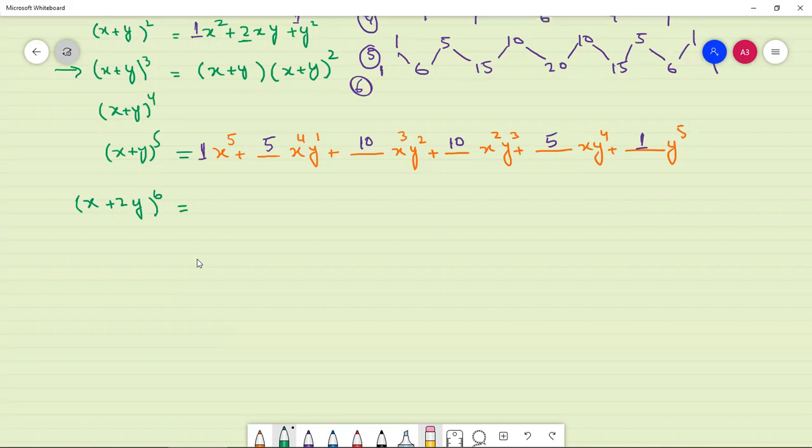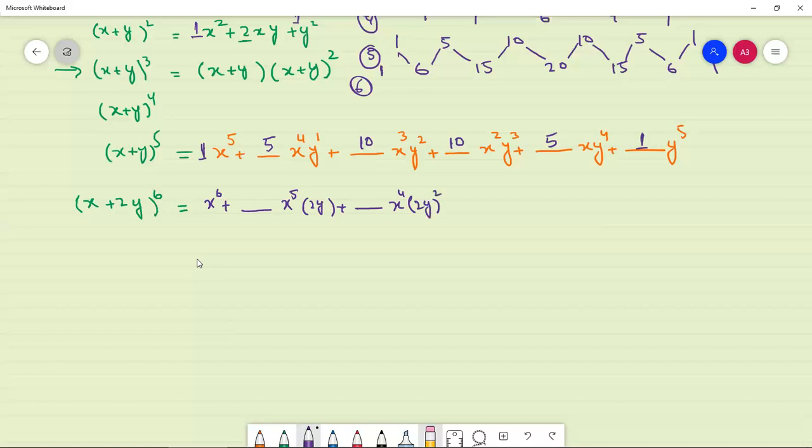So look at this. How can we expand this? First, I take x power 6 plus, leave a space for coefficient, then x power 5 multiplied by 2y. Where I write y only, now I have to write 2y because it is replaced with 2y. Plus, leave a space for coefficient, then x power 4, then 2y power 2.